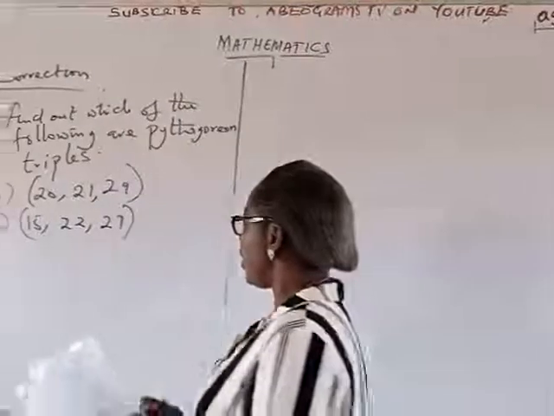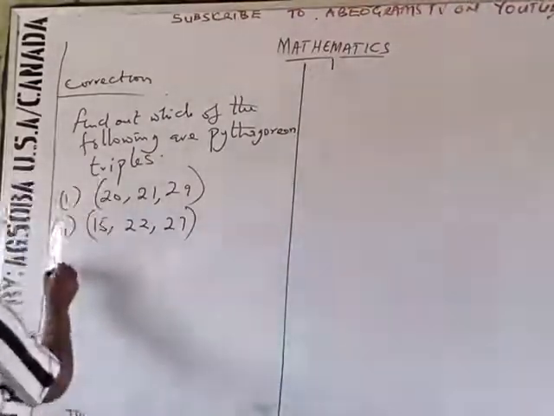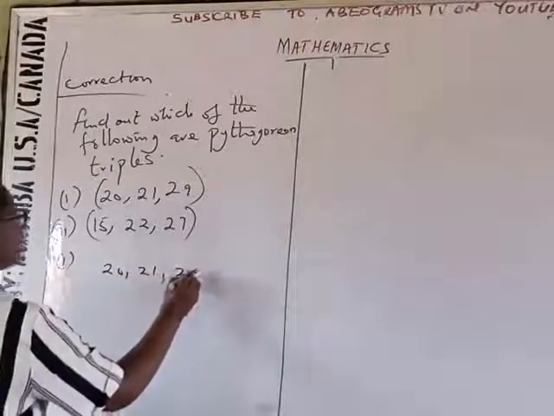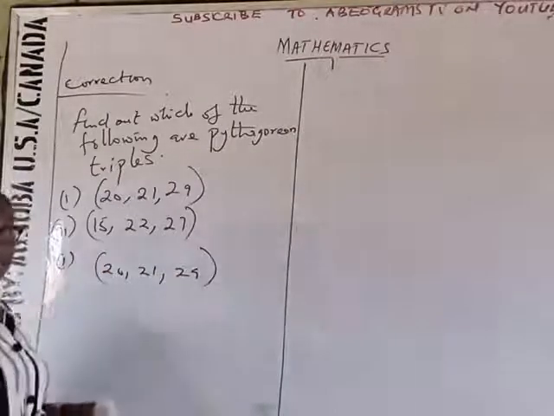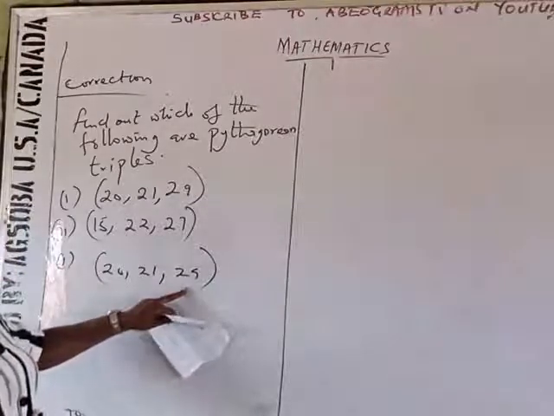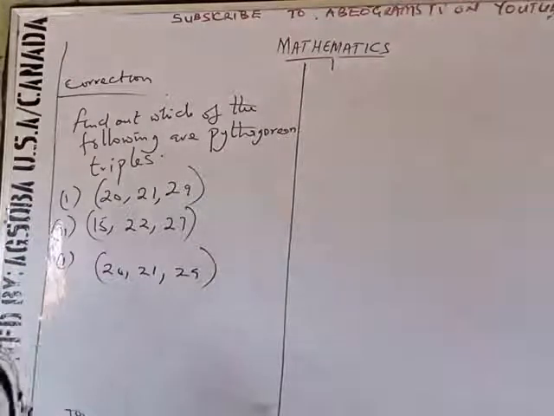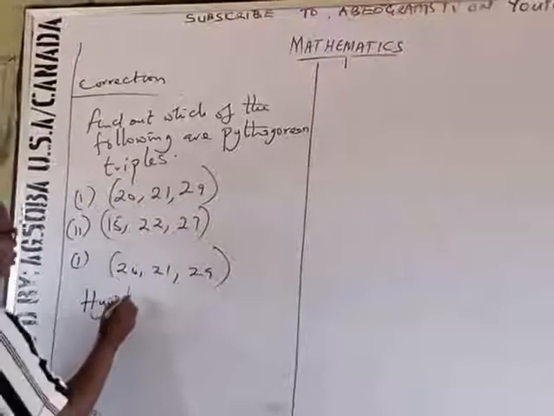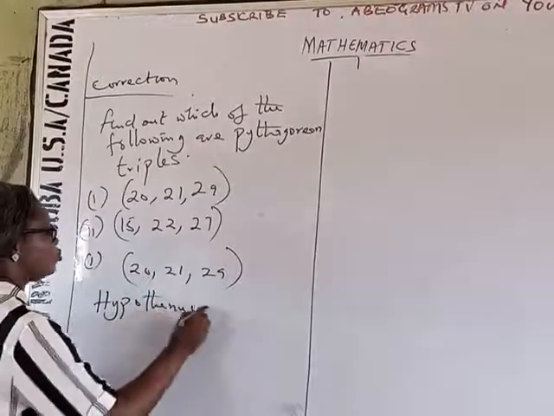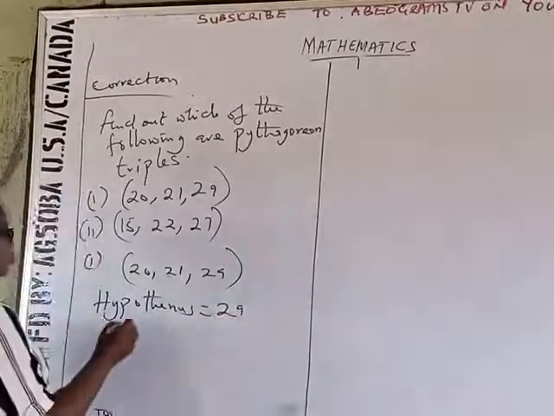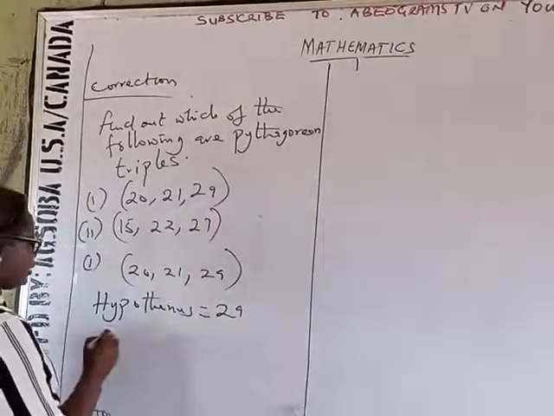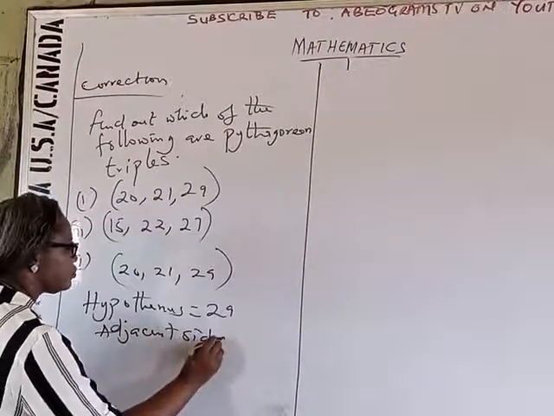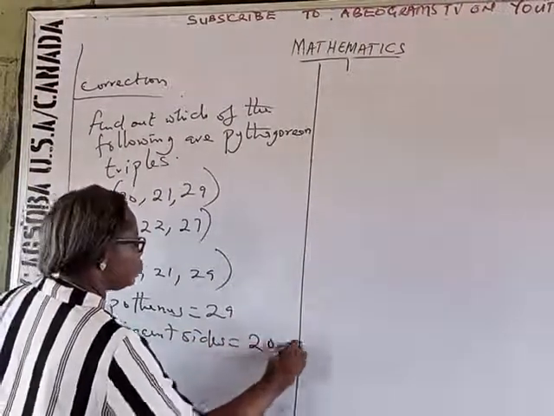So from this that we have here now, when we have 20, 21, 29, that means automatically that 29 is supposed to represent our hypotenuse side. And so having the hypotenuse to be 29, while the two other adjacent sides we have as 20, 21.